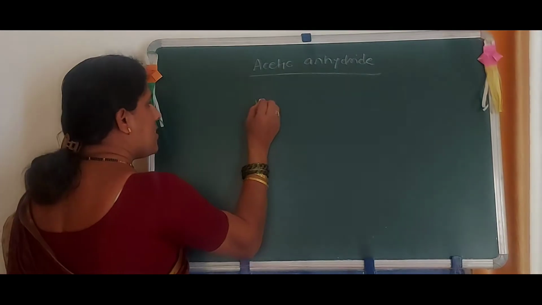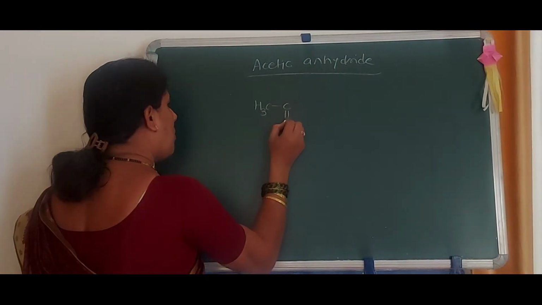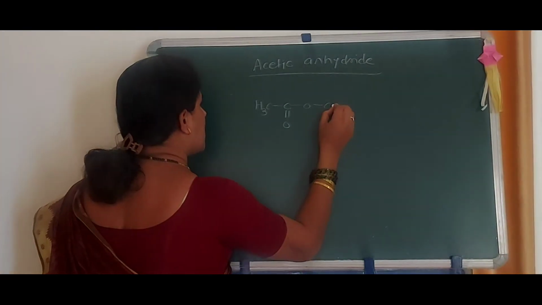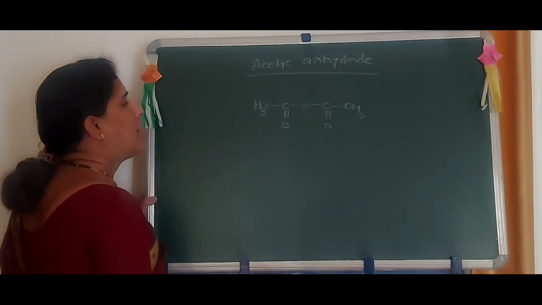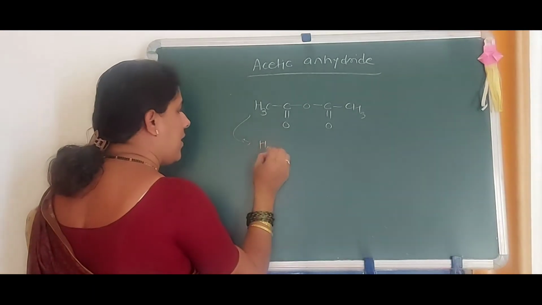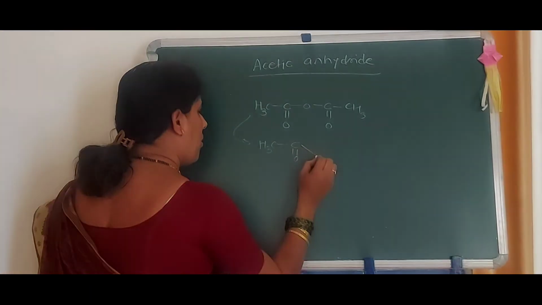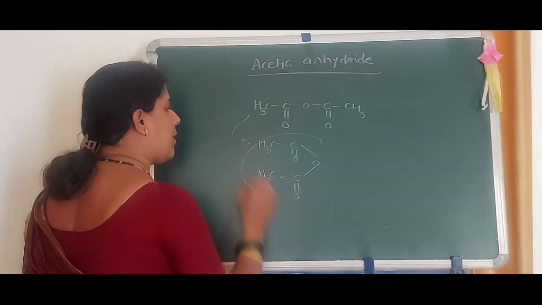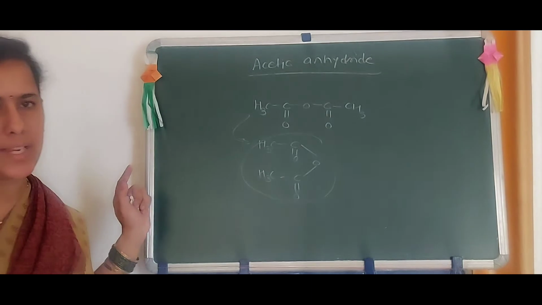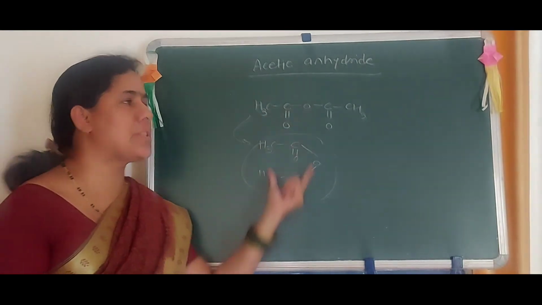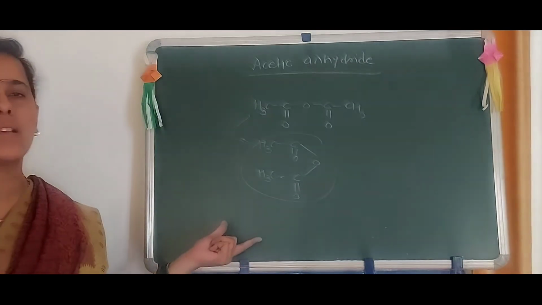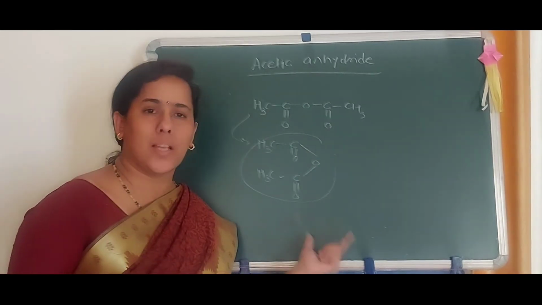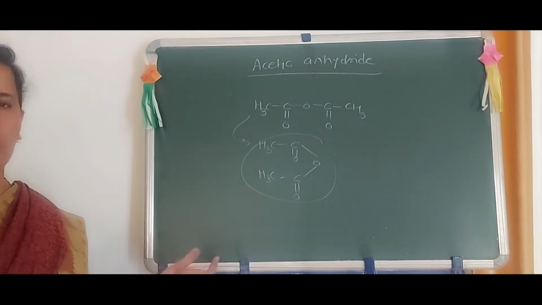The structure of this is CH3CO-O-COCH3. We are familiar with this type of writing of acetic anhydride. In the same sequence, for all carboxylic acids and dicarboxylic acids, the derivatives are expressed in the fashion of preparation, properties and uses.